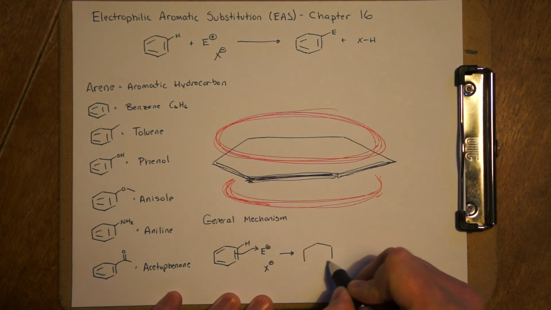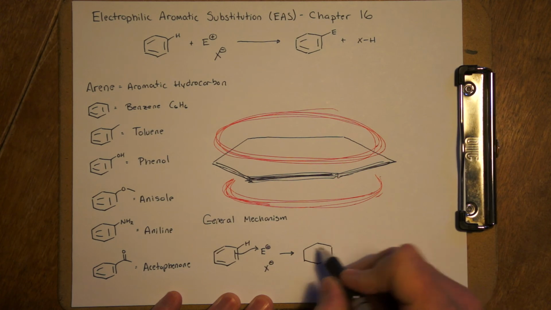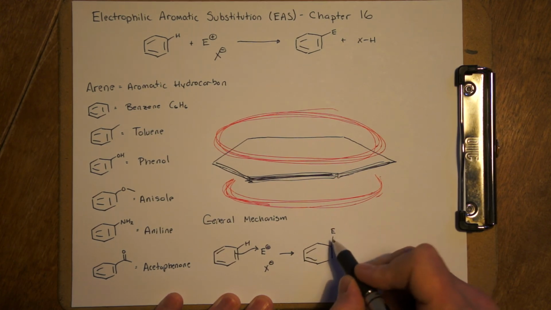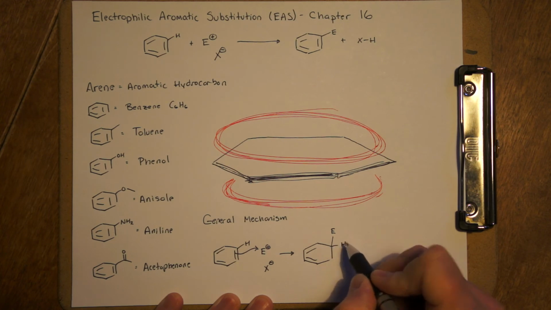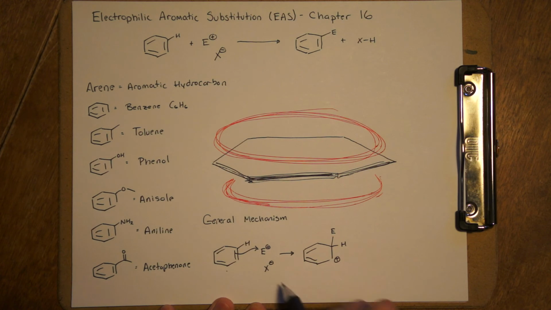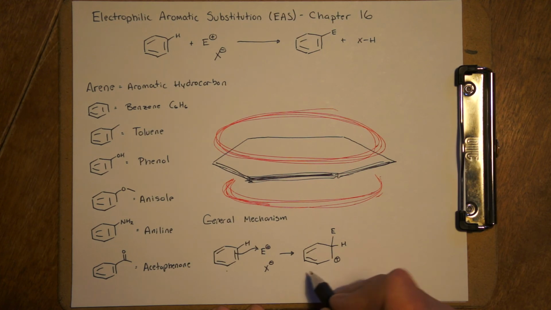Right, when that new bond is made, because we're using the pi electrons to make that new bond, we're necessarily losing aromaticity, right? So we're starting with an aromatic compound. The electrons reach out and grab an electrophile, and so we're losing one pair of those 6 pi electrons, creating an sp3 center, losing aromaticity, and creating what's called an arenium ion.